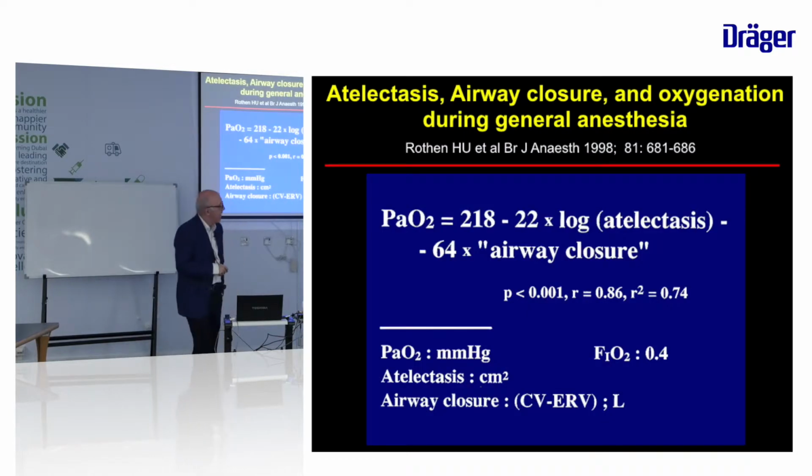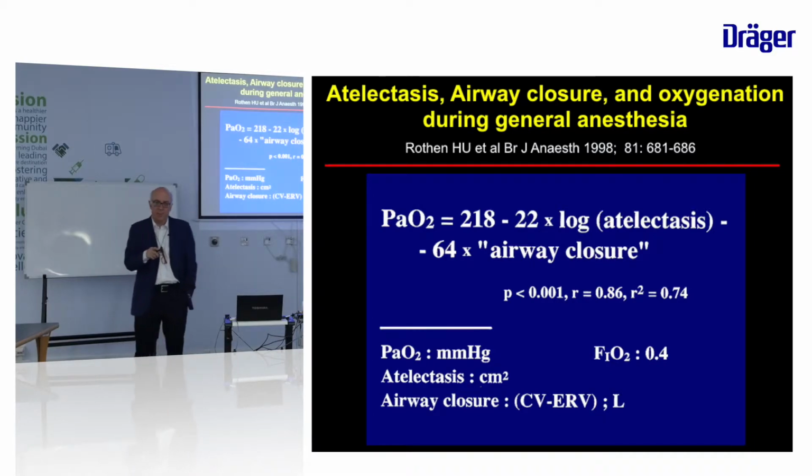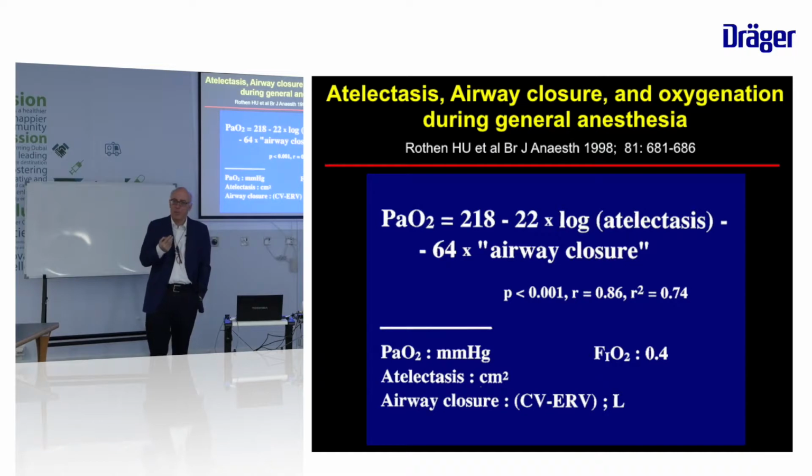So overall, the PO2 is determined during anesthesia by the amount of atelectasis, but also the amount of airway closure. And I showed you that airway closure may be associated with lung injury. It's not only a question of atelectasis. It's a question also of collapse of the peripheral areas.